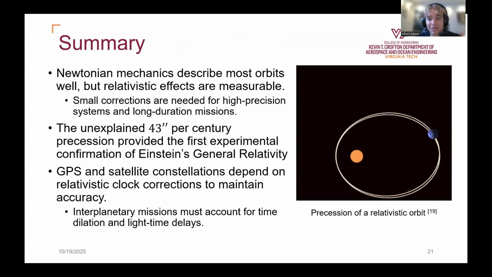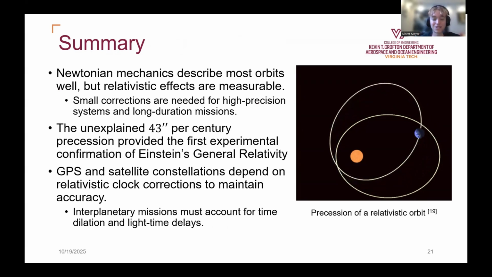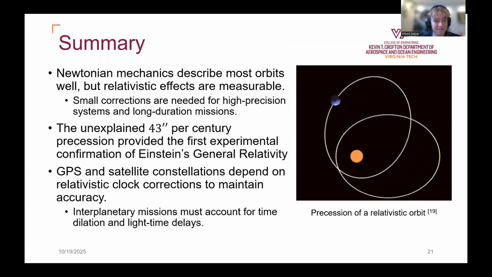So, just going to wrap things up now. Again, Newton, very great, but not as good as we can get. Relativistic effects are measurable and they are seen and they should be corrected for if needed.